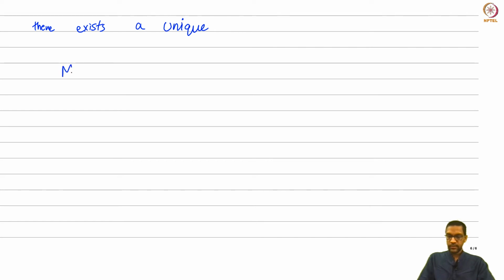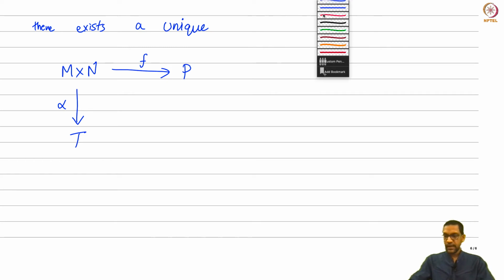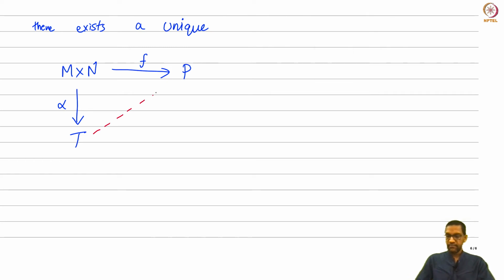So how does the diagram go? From M cross N to T, that's my tensor product. Given any P and any R balanced map F, I can find a unique map from T to P.